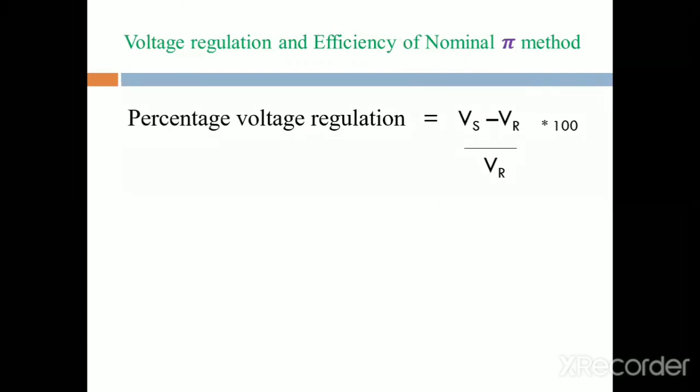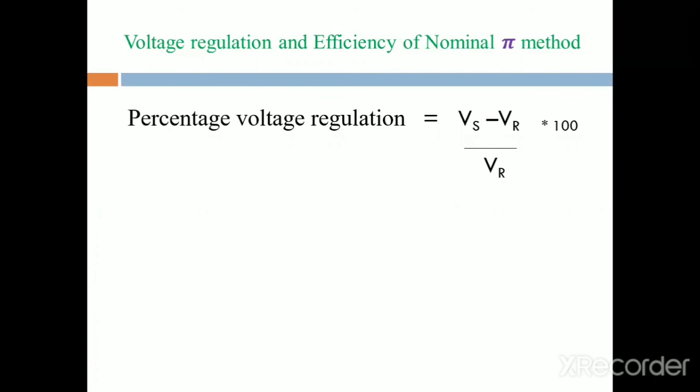Okay, that is the voltage regulation and efficiency for each and every case of a medium transmission line. This is very important from the exam point of view. Definitely, for each and every problem we draw the equivalent circuit diagram and also the phasor diagram.